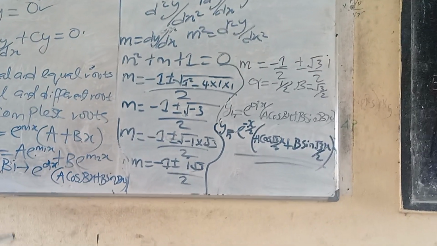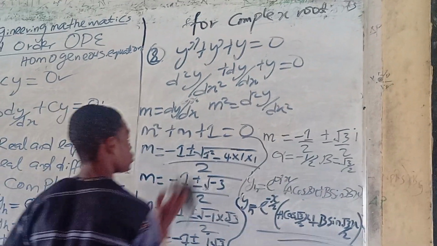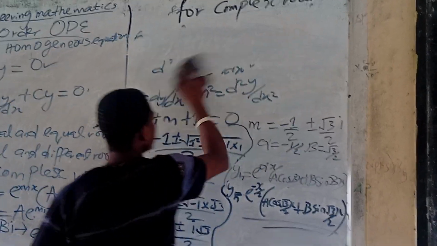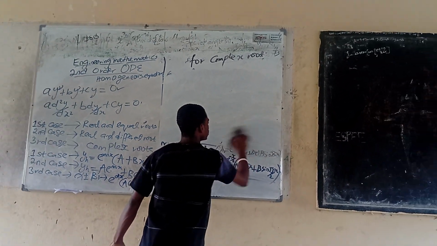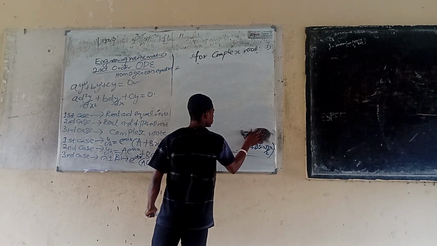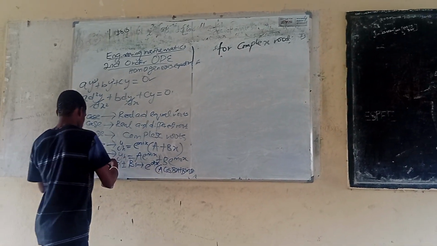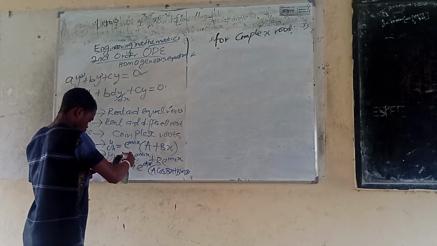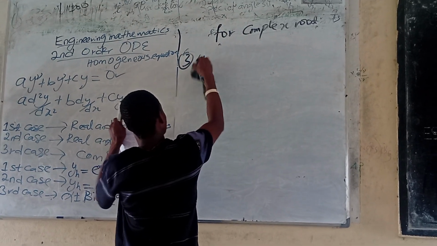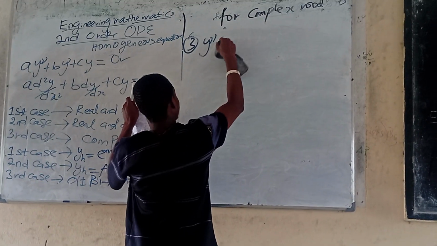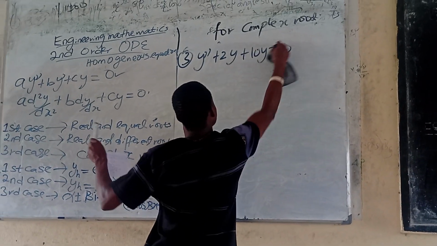So let's go on and solve the last question for complex roots: y double prime plus 2y prime plus 10y equals 0.